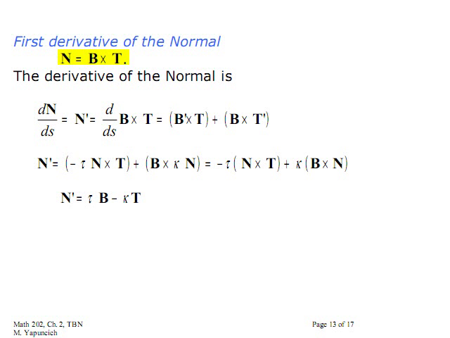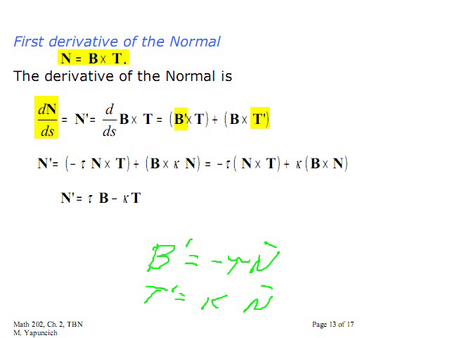And now take the derivative of this vector. So again, we're just taking all these successive derivatives, and we take the derivative of the cross product, we get b prime cross t plus b cross t prime. But from the previous slides, you know that b prime is minus tau times n, and t prime is kappa n, curvature times the normal vector.